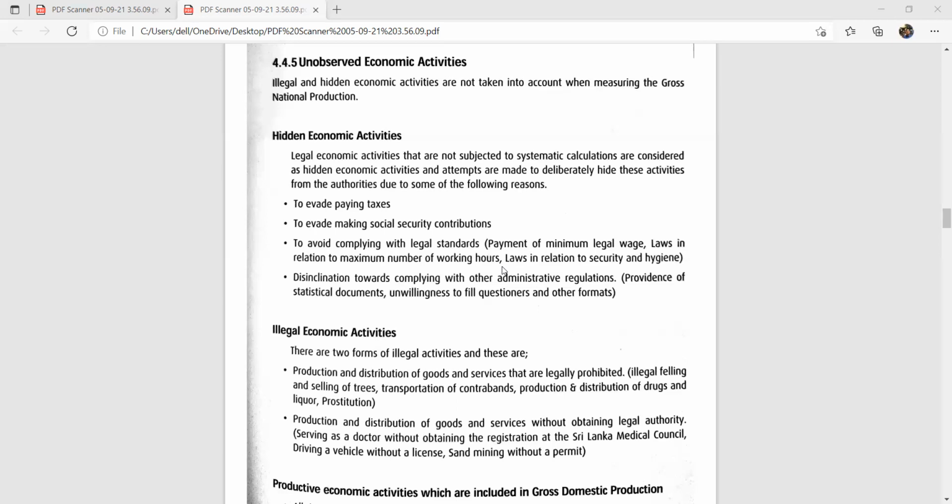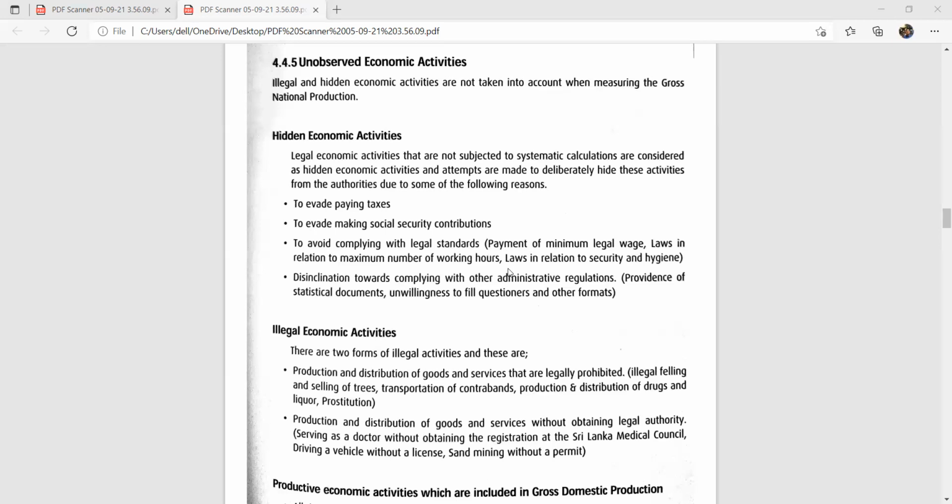If they do such a hidden activity, if they do not have a proper organization under a particular name or any registration, then workers can be employed more than the usual hours. So it is completely dangerous for the worker, as well as such activities not being revealed to the authority.